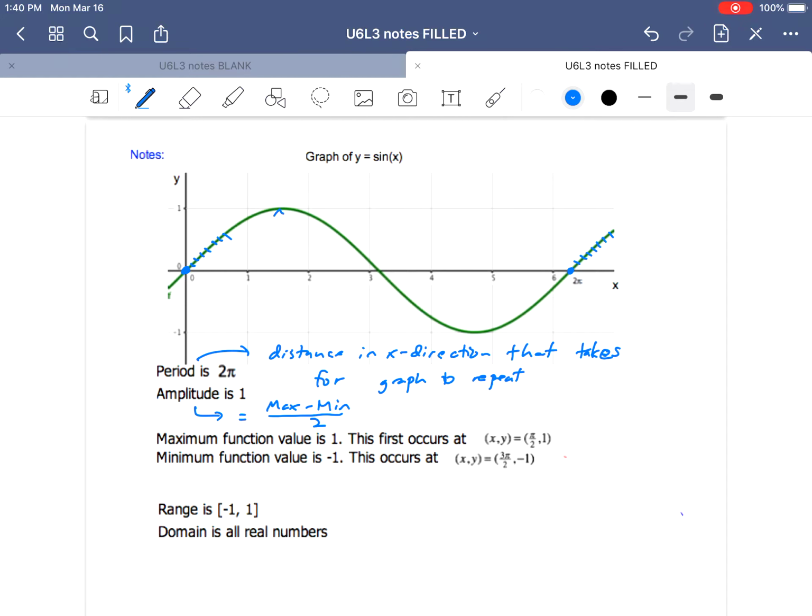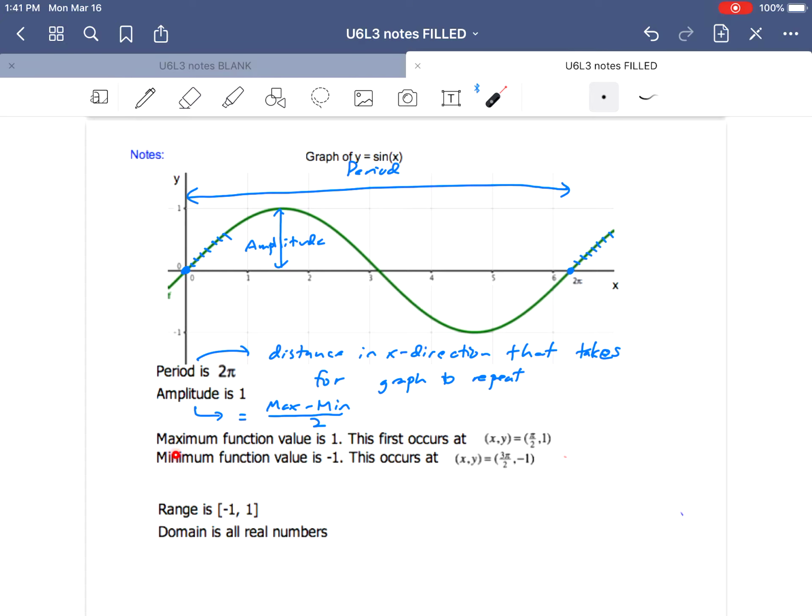And I guess maybe I can just do this. That's the amplitude, and this, yikes, ugly attempt at a line, that's the period.